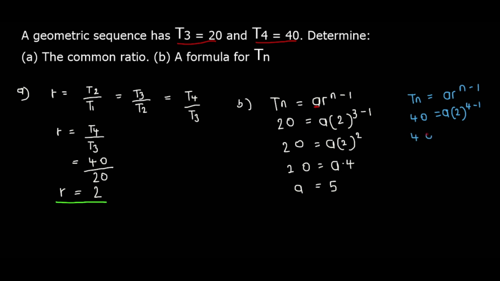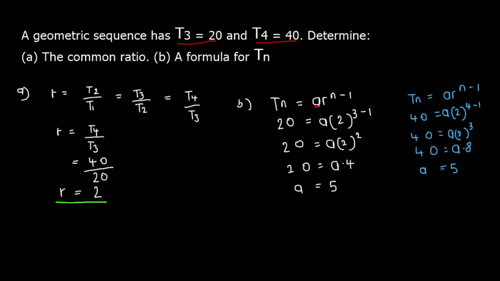Therefore 40 is equal to A times 2 to the exponent 4 minus 1, which is 3. Therefore 40 is equal to A times 2 to the exponent 3, which is 8. And therefore, to find the value of A, I will divide both sides by 8. Therefore A is equal to 5. So it's the same thing.